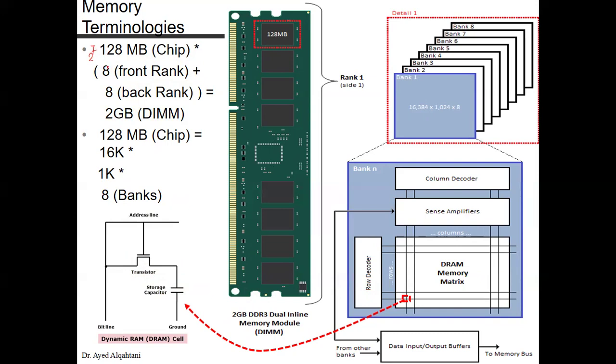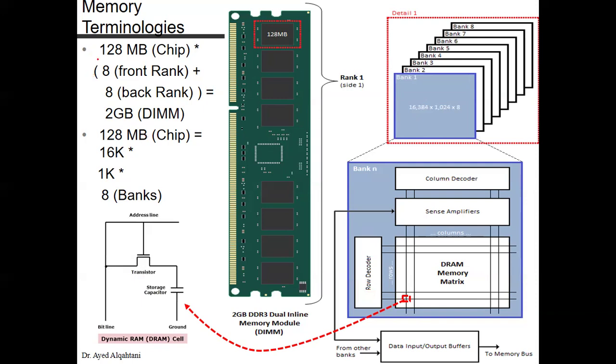And 8 plus 8 is 16, and that's 2 to the power of 4. So 4 and 7 is 11, and we have 2 to the power of 11 times megabyte, which is 2 to the power of 20. If you add those two, you will have 31, which is basically 2 gigabyte.